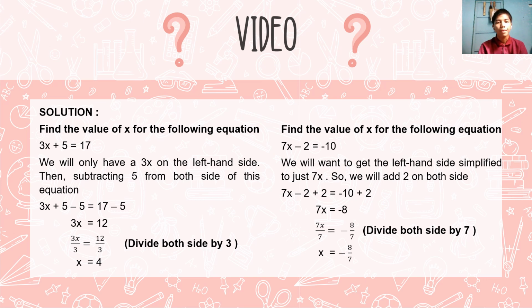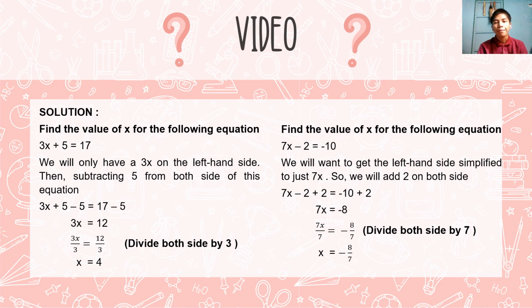We will only have a 3x on the left-hand side, so subtract 5 from both sides of this equation. So 3x plus 5 minus 5 equals 17 minus 5. So we got 3x equals 12. Divide both sides by 3, so we got x equals 4.